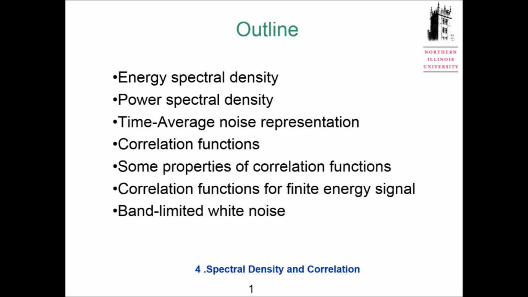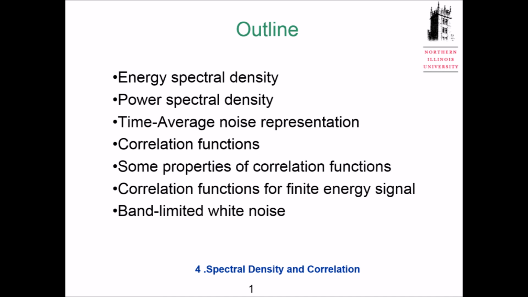Then, once we are done with spectral density, we go to correlation. For correlation functions, we have correlation for power signals, then properties of correlation, then correlation for energy signals.